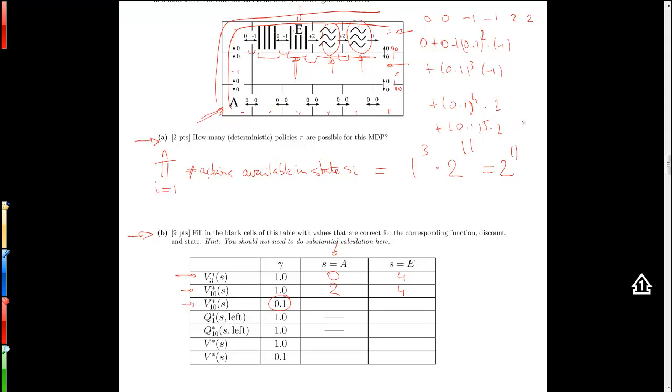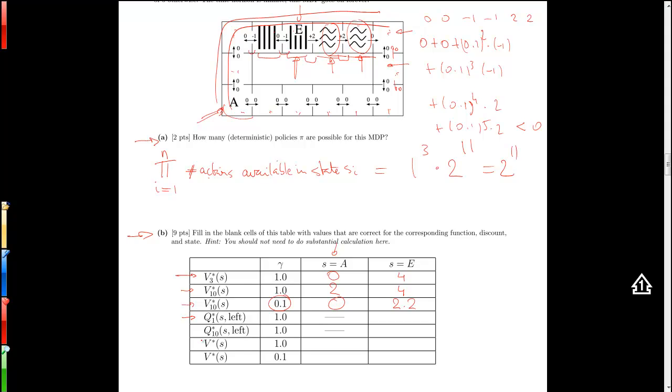This total is less than 0, so with this type of counting, it's actually better to stick around in the 0. And the optimal value we can get starting from state A is 0. Starting from state E, the best we can do is to glide down twice, which will give us 2 and 0.2, for a total of 2.2, and after that we'll get all zeros.